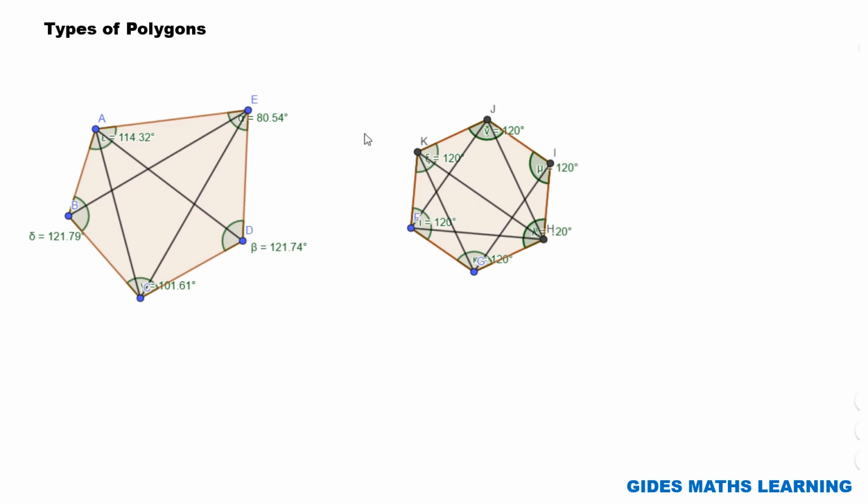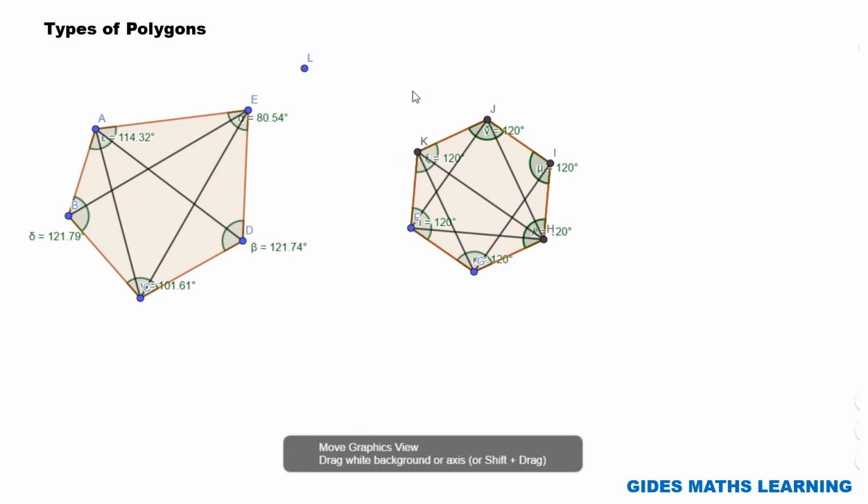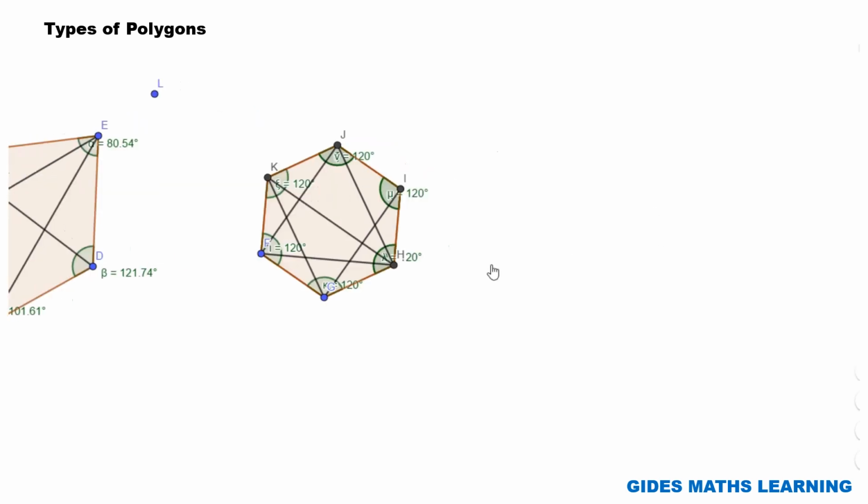Now let's look at the properties of concave polygons. For concave polygons, it has at least one of its interior angles to be 180 degrees or more than 180 degrees.